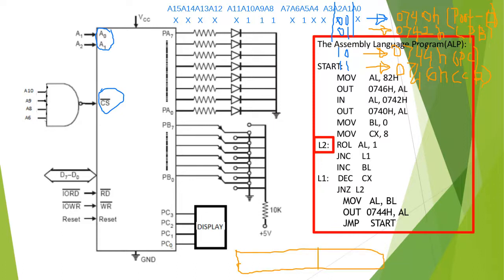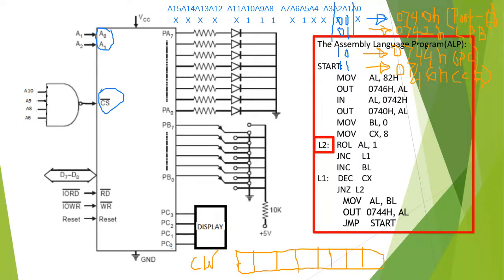So let us find the control word. So this is the control word. Okay, so this is for port C lower.